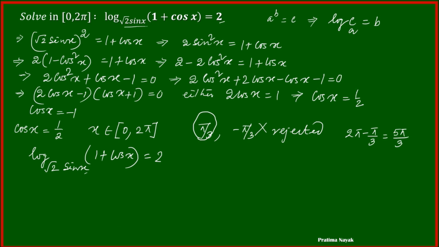Now coming to cos x is equal to negative 1. You put this in the logarithm definition. It will be 1 minus 1, that will be 0. We know that logarithm of 0 to any base is not defined.